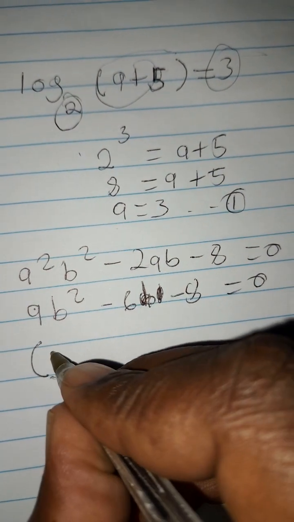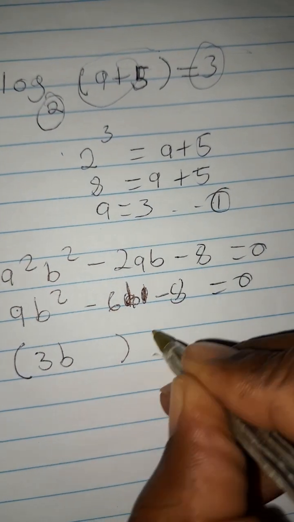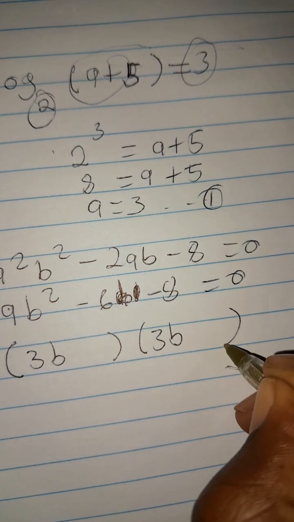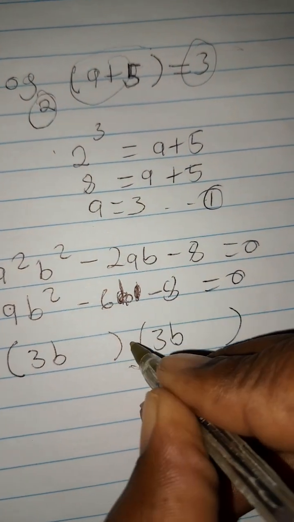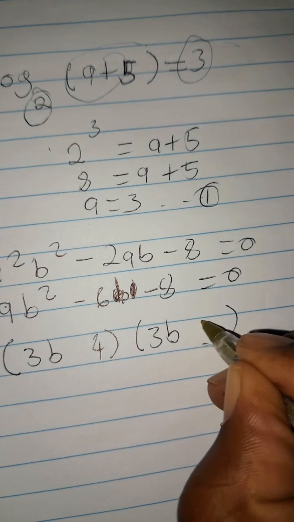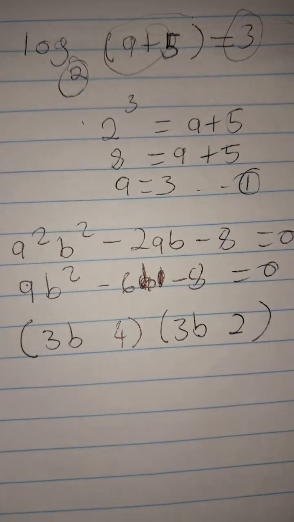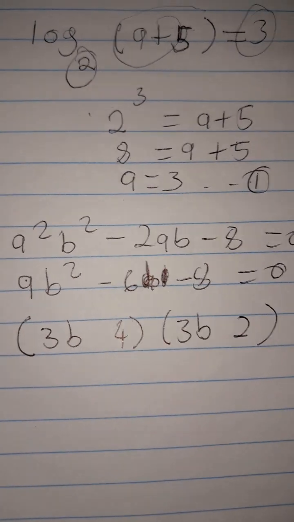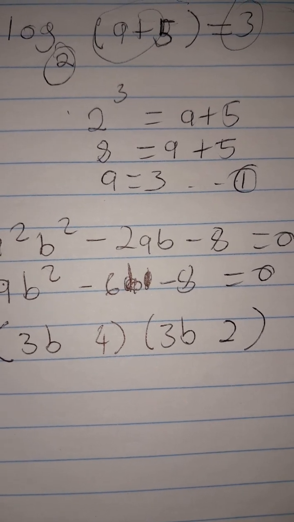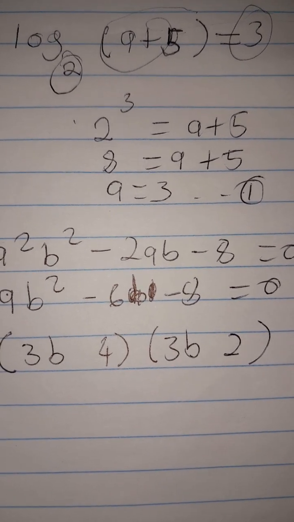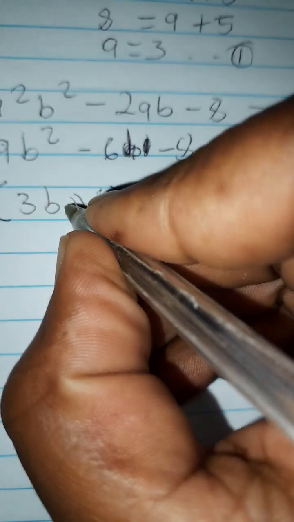So we are going to factorize this. We have b and b. What about the signs? The signs will be different, so we're going to have 4 and 2. In this case, you should mind your signs, guys. One will attain a negative sign and the other one a positive sign, so we are going to have minus as well as plus equated to 0.